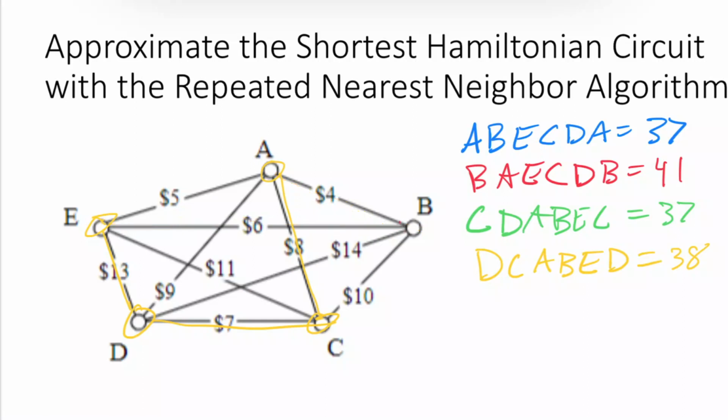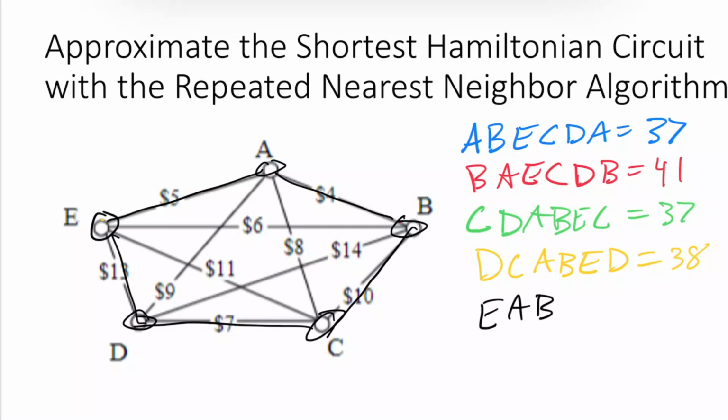And then I would do the very last one and start at E. And I'd say, okay, well, starting at E, the nearest neighbor is A, then B, and then C, and then D, and then E. So E, A, B, C, D, E. And the cost of that would be 5 plus 4 is 9, plus 10 is 19, plus 7 is 26, plus 13 is 39.